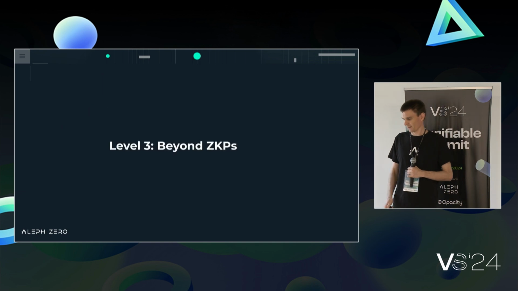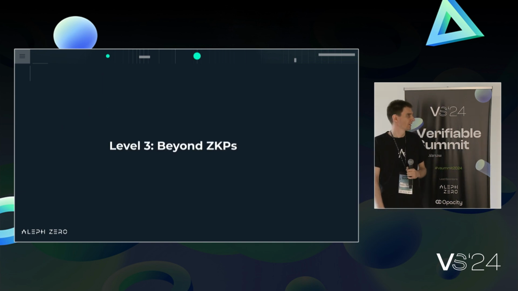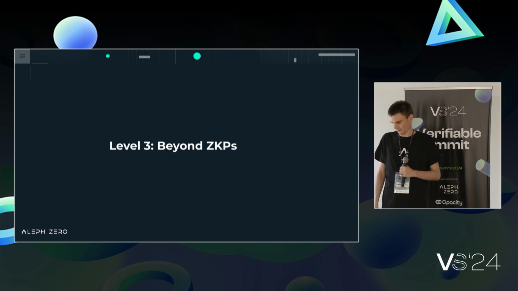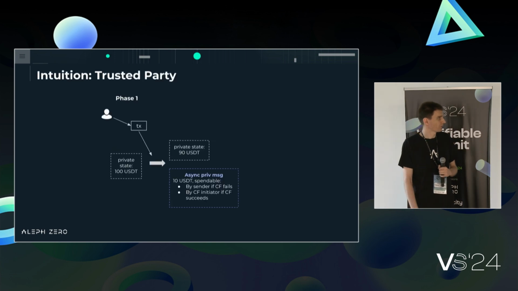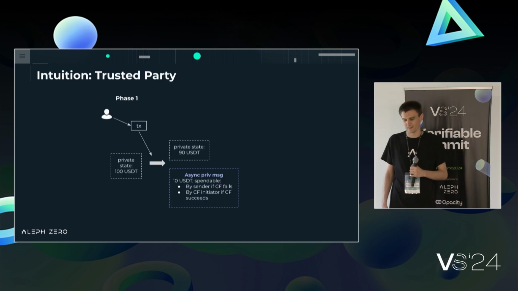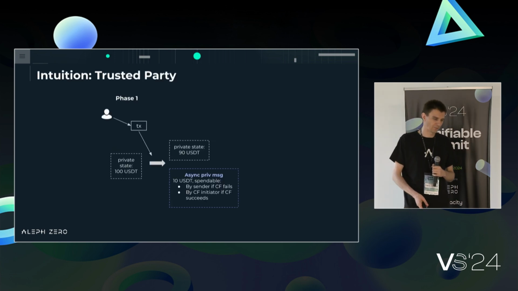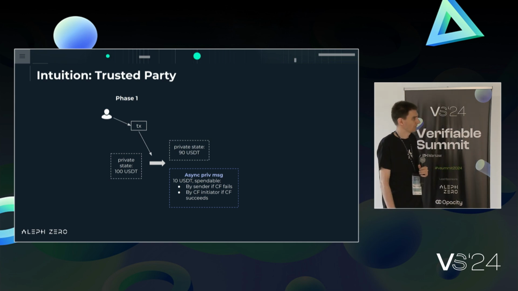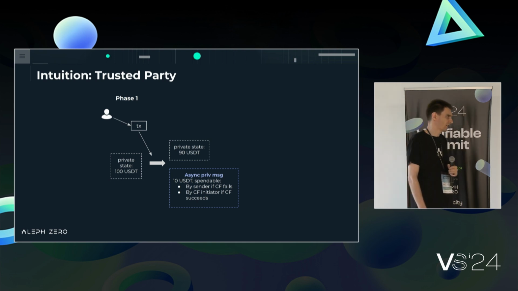Good. How to go beyond that? How to go beyond the limitations? Well, we need some more powerful crypto primitives, essentially. So what we did before was that the user sends a transaction.